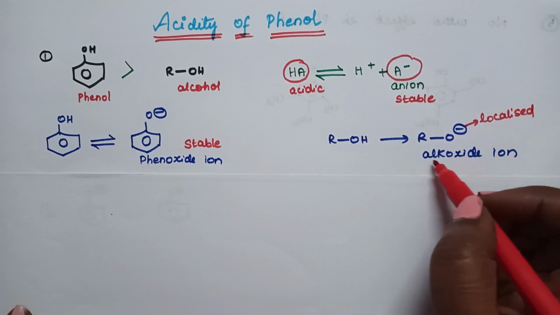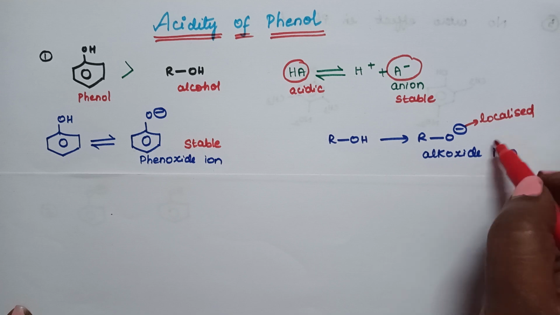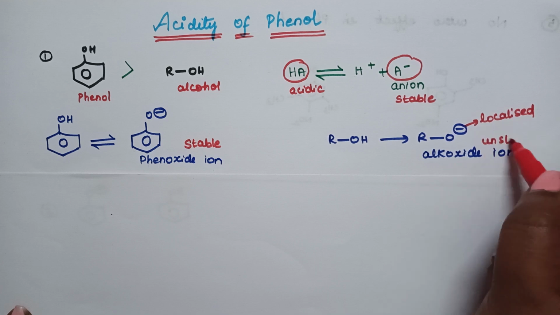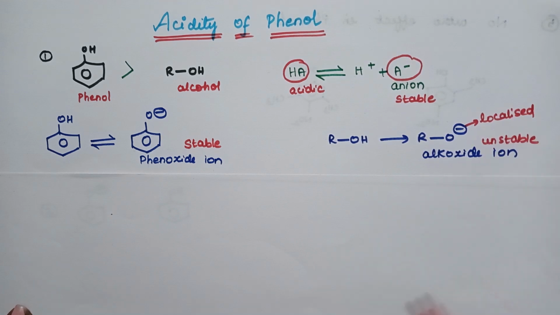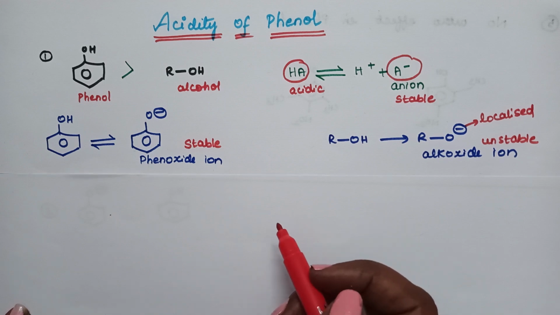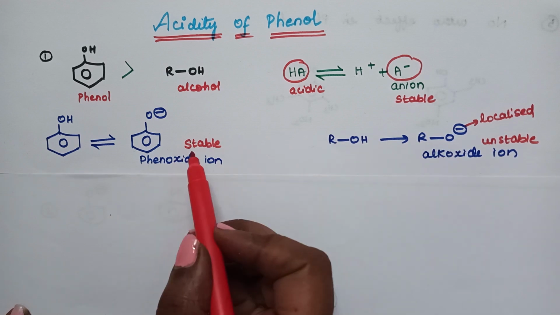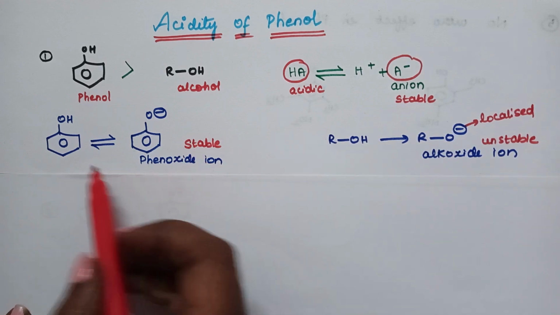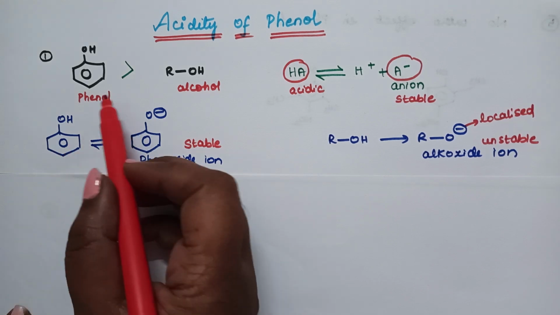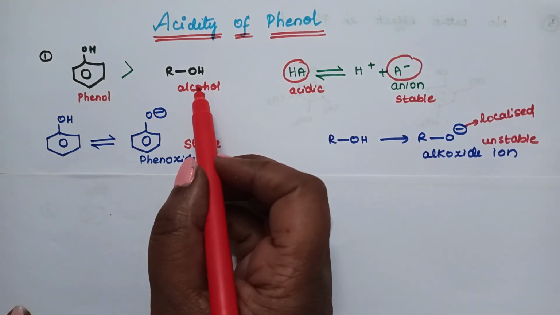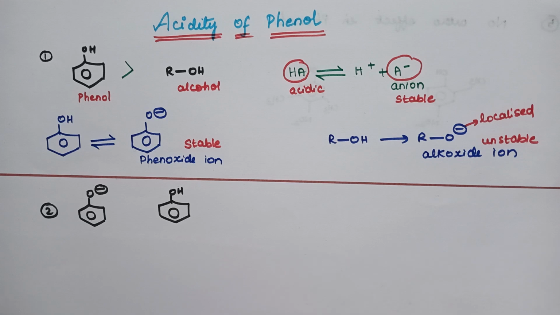So because of which alkoxide ion becomes unstable. So now which acid will be more stable according to this? Stable anion is formed here. Therefore, phenol will be more acidic when compared to that of alcohol. So let us see second point.